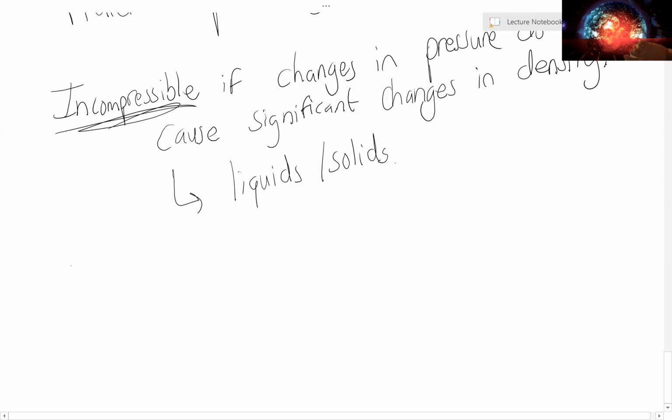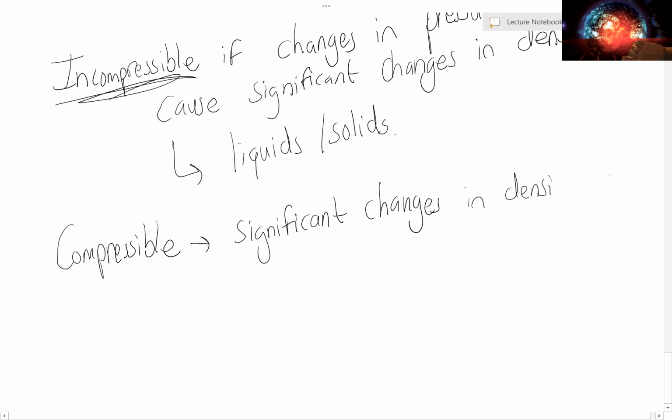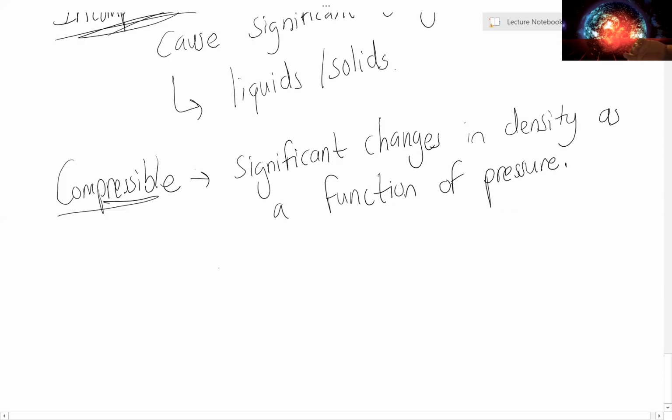Items that are compressible are going to have significant changes in density as a function of pressure. And these are going to be vapors and gases.